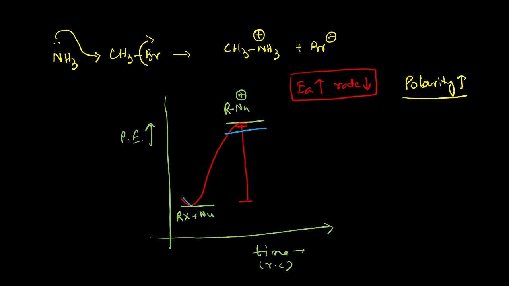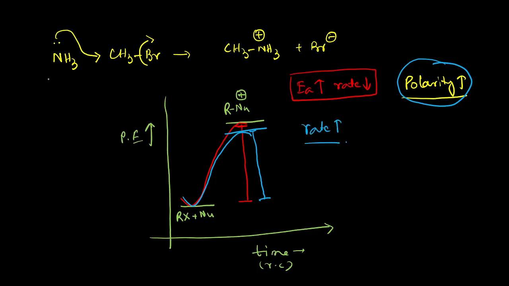The decrease in the energy will effectively decrease the activation energy also, because in this case the new activation energy is lesser compared to the previous one. So with increase in polarity we have decreased the energy of the transition state, as well as the activation energy needed for this reaction. As a result, the rate of the reaction will increase.